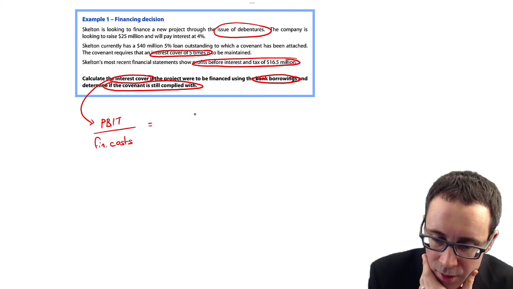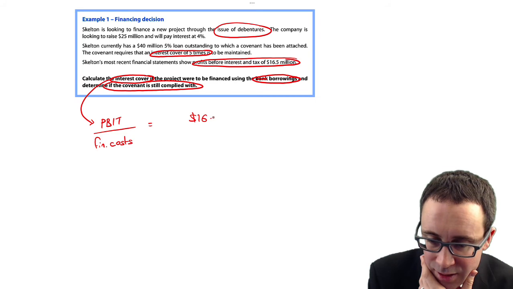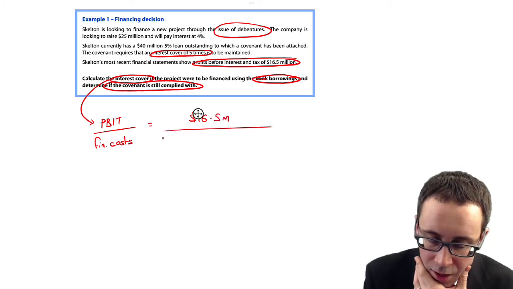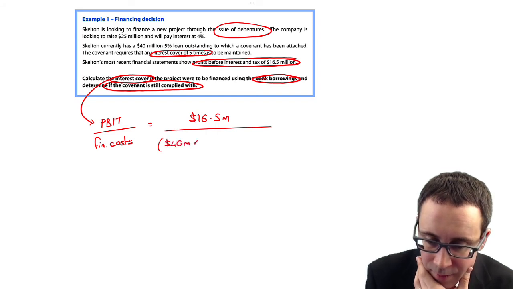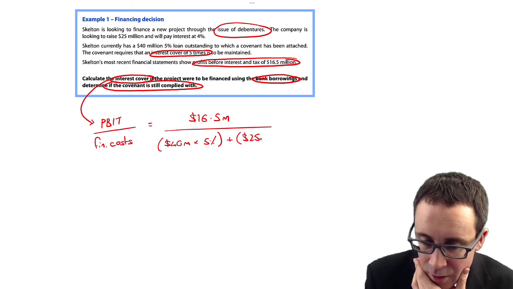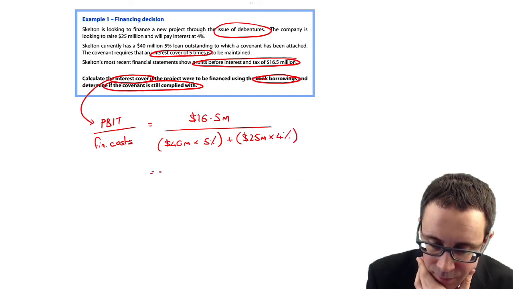So here, what have we got? Profits before interest and tax are 16.5 million. Our current loan is 40 million at 5%. Don't forget now we have the new loan at 4%.